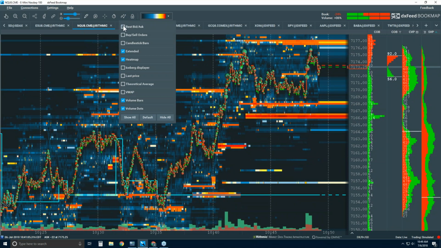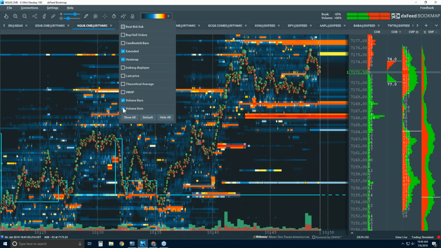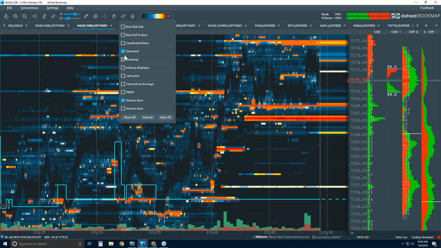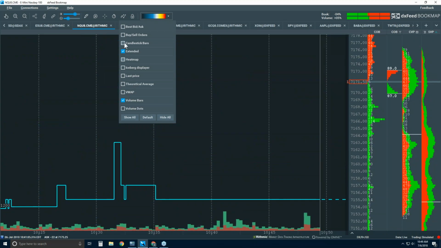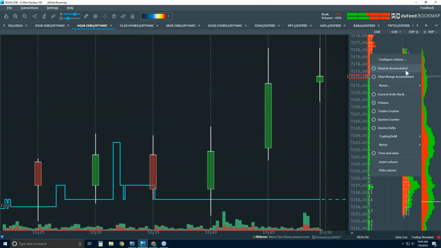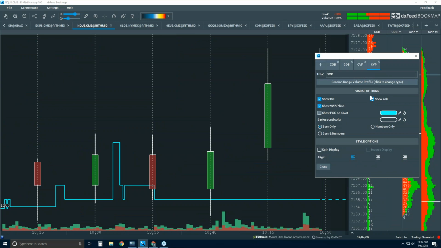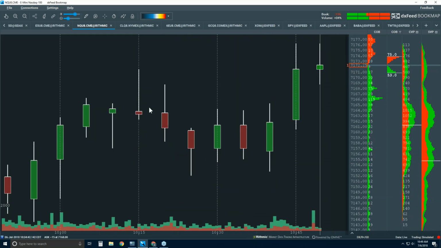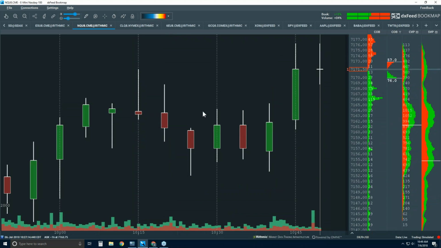Actually, I'm going to turn off everything, and we're just going to look at a candlestick chart. And I need to turn off our point of control. Okay, there we go.